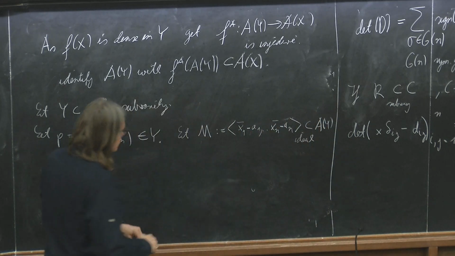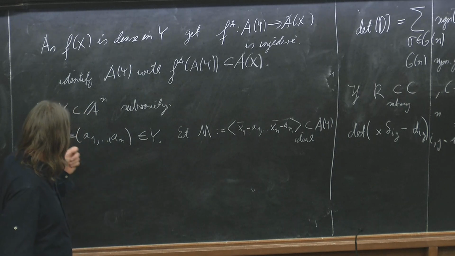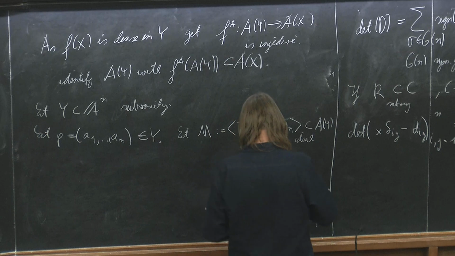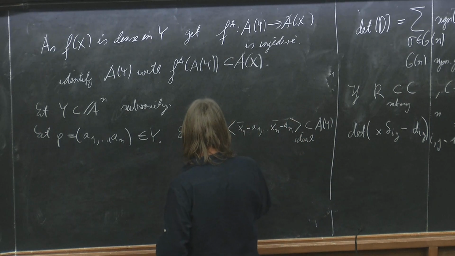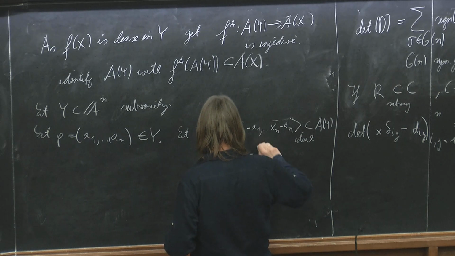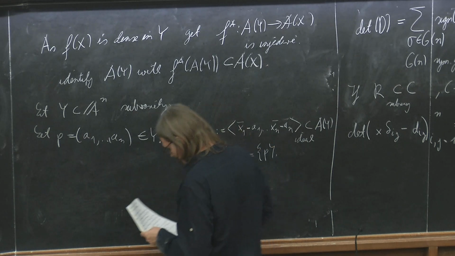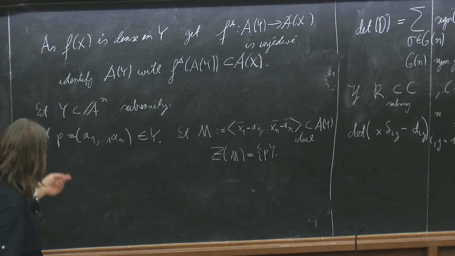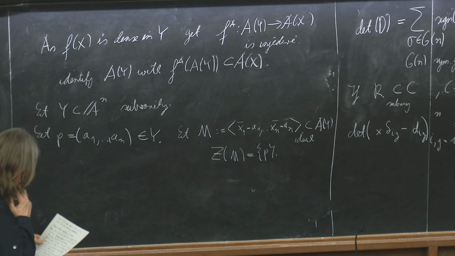It's clear that the zero set of this ideal is just the point P. So now we want to see how to describe the inverse image under f of this set. We want to show that the inverse image is non-empty.